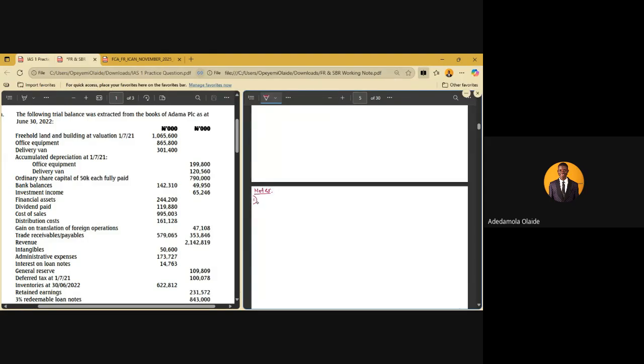So to calculate depreciation on building, we don't depreciate land.